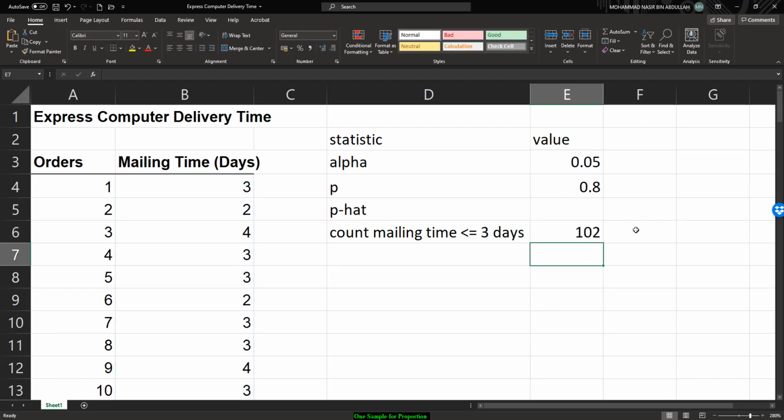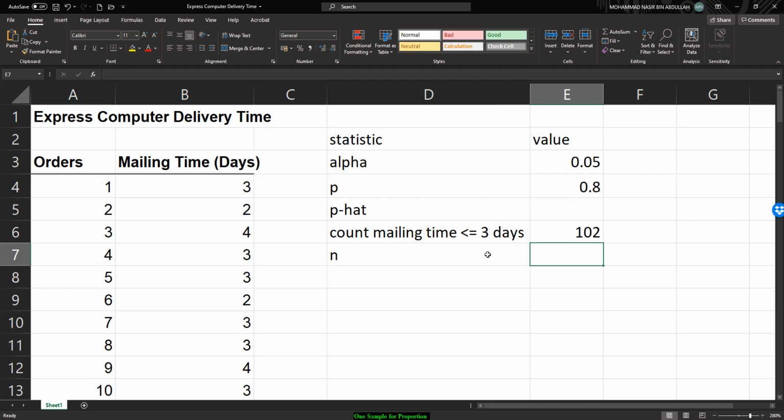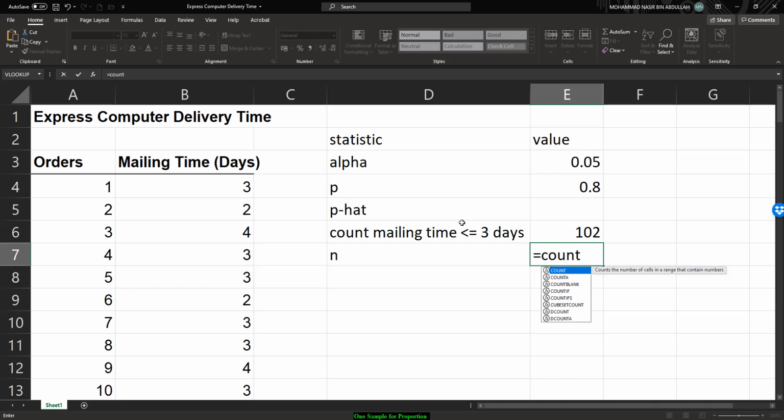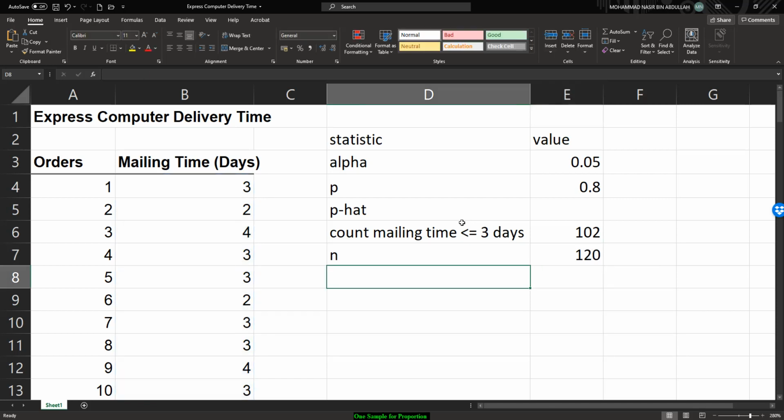So we got 102. Next we need to calculate our total data set, our total observation in mailing time. So we use COUNTA, right? From B4 until B123. So we got 120.